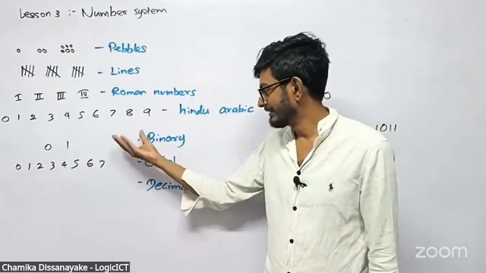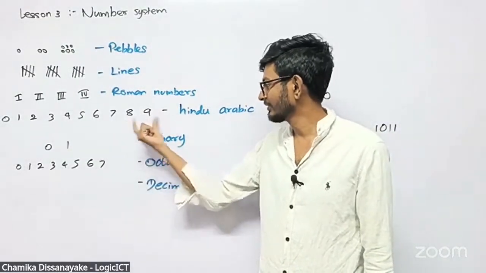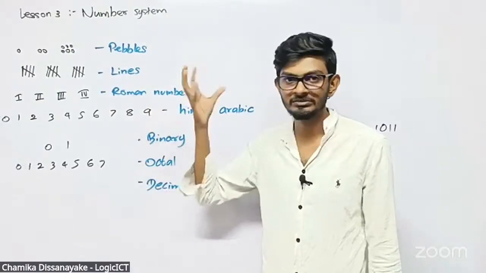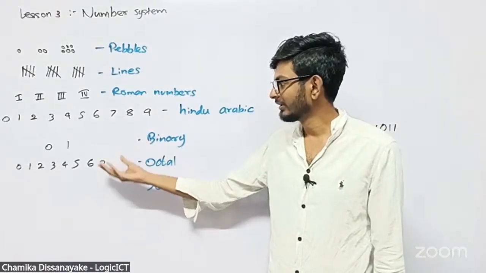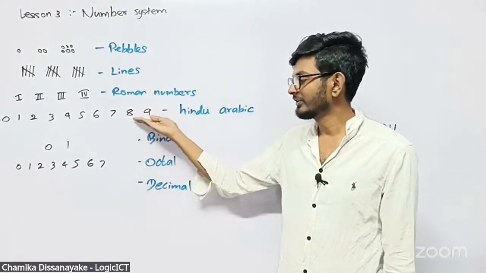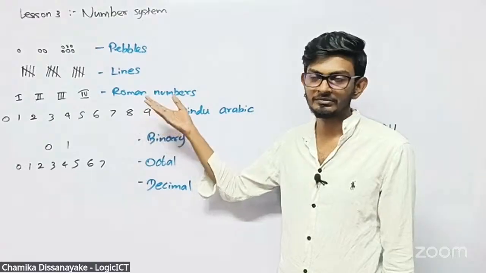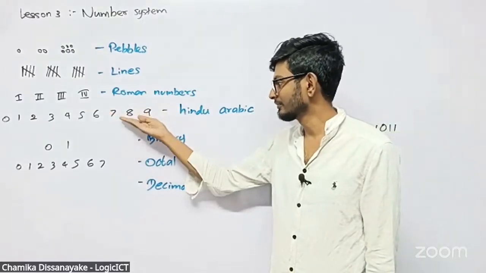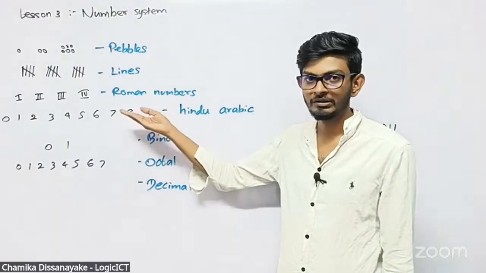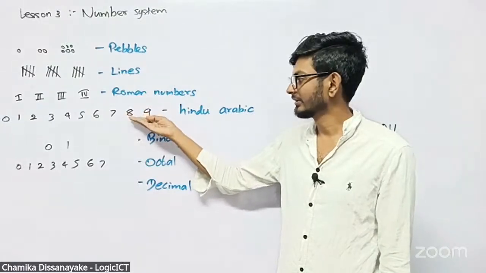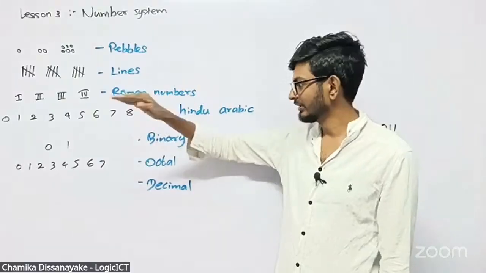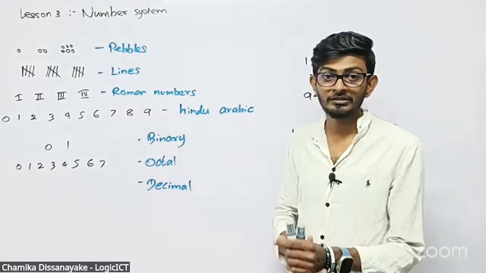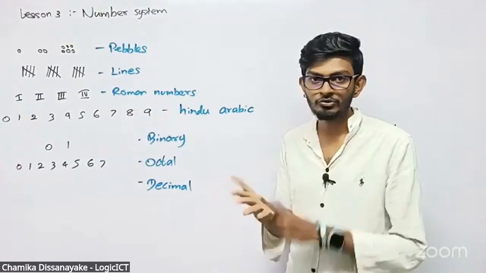Actually, in here also, we are going to use our Hindu Arabic symbols because this is what we know, and it is very easy to learn with these kind of symbols. But the symbol count will be different.